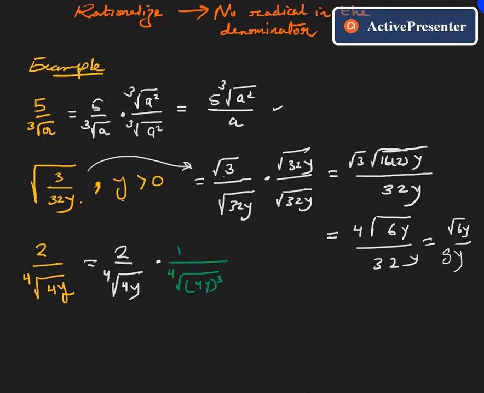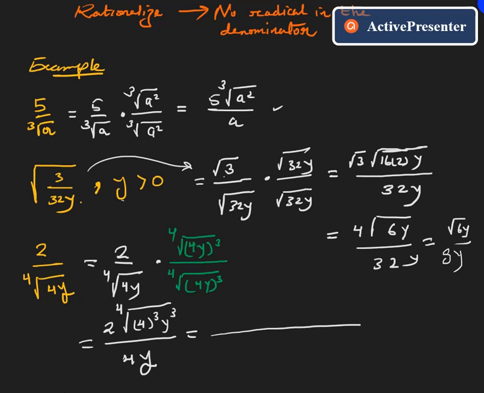Here also the fourth root of 4y cube. So complete your answer. The denominator here should be 4y, right? And above, 2 multiplied by the fourth root of 4 cube y cube.